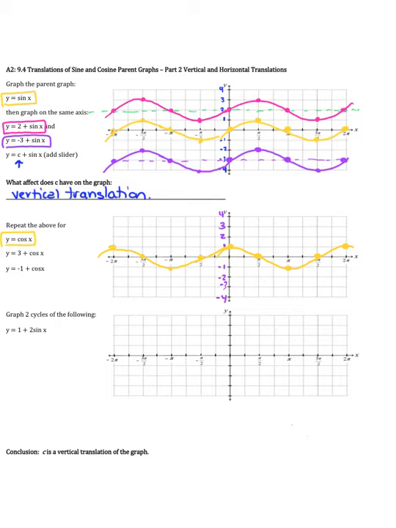And now this first one, we're going to raise everything 3. So this point will move up to 3, up to 4 because it was at 1. 0 will move up to 3. -1 will move up to 2, up to 3, up to 4.